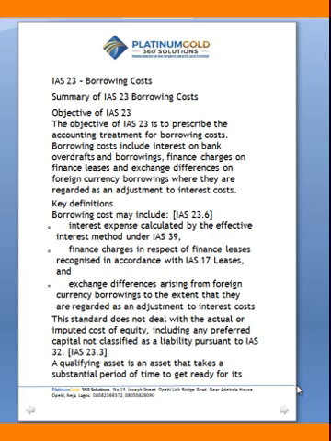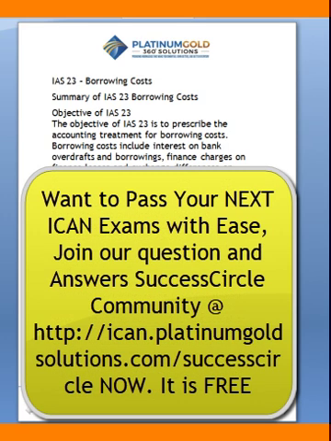Borrowing costs include interest on bank overdrafts and borrowings, finance charges on finance leases, and exchange differences on foreign currency borrowing, where they are regarded as an adjustment to interest cost. These are what we call borrowing costs. Borrowing costs may include any of the following.